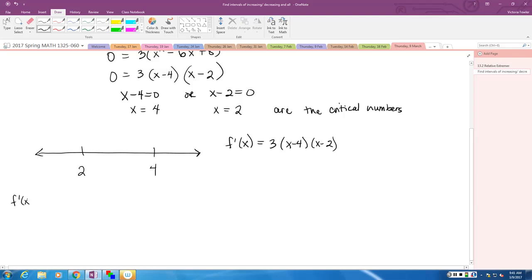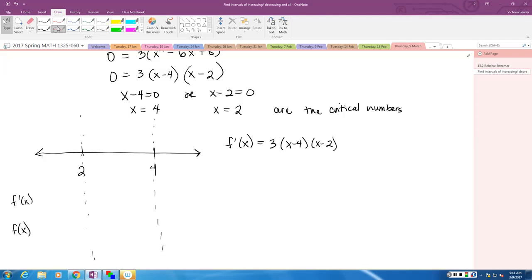Then I'm setting up what I call the template, where I talk about what's happening to the first derivative, and that's going to tell me what's going on with the function. So all of this is used to analyze the original function. And I'm just drawing little lines there so I can keep my work in line.